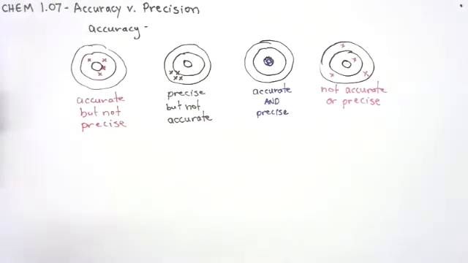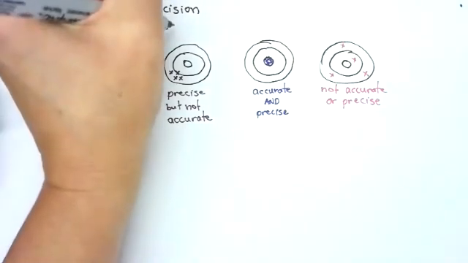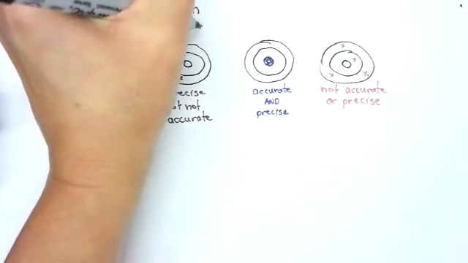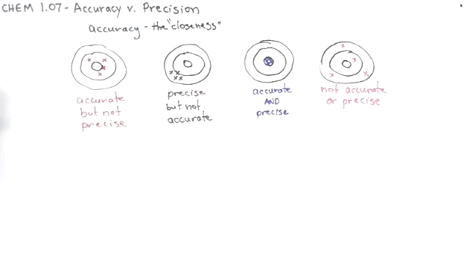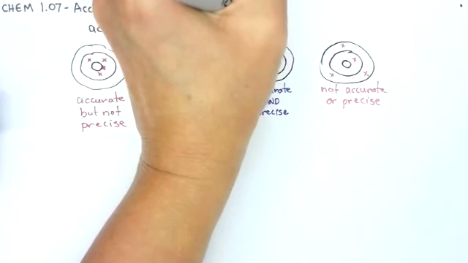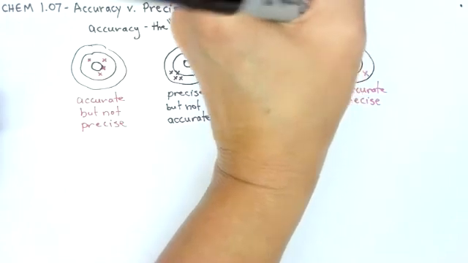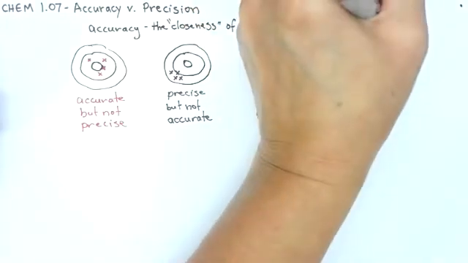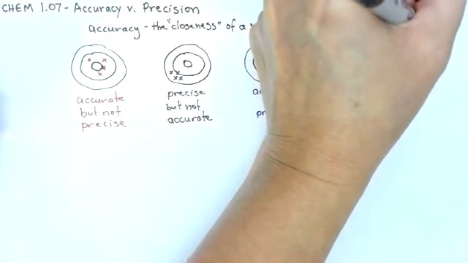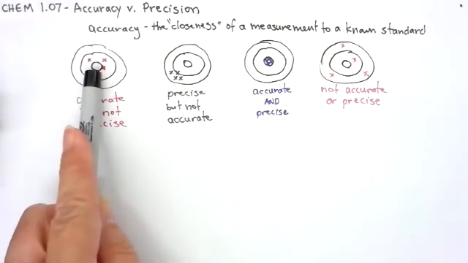So for accuracy, I'm going to use this word closeness, which is kind of slang, of measurements to a known standard. So you have to have something to measure it against. And in the example of archery, our known standard is the bullseye in the center. That generates accuracy.